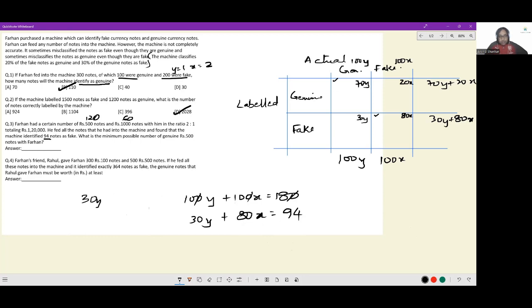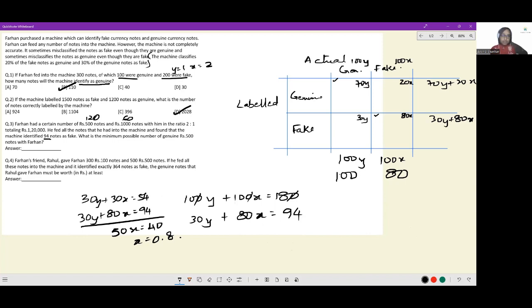I'll have 30y plus 30x is equal to 54, and 30y plus 80x is equal to 94, or 50x is equal to 40, or x is equal to 0.8. Which is to say, if x is 0.8, we have been told there are 80 fake notes and there are 100 genuine notes, because total number of notes was 180 only.